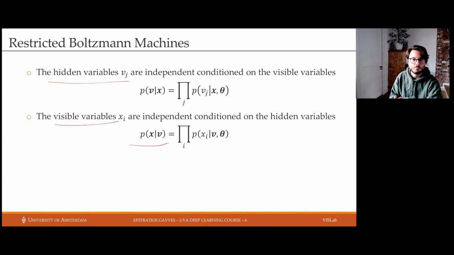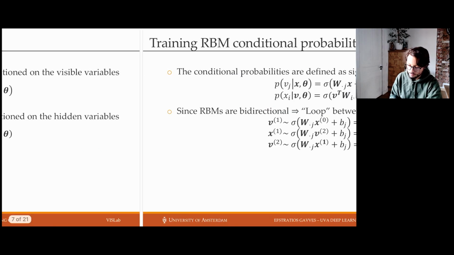Clearly, when we assume that the visible variables x are independent of each other, that is perhaps not a realistic assumption, in the sense that we do know that neighboring pixels, for instance, do depend on each other. However, it's a choice that will help us scale up learning and optimization.